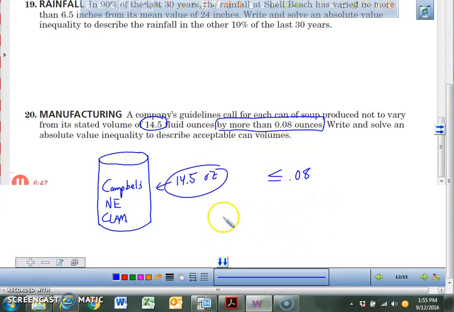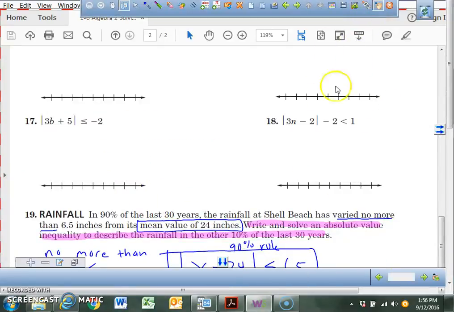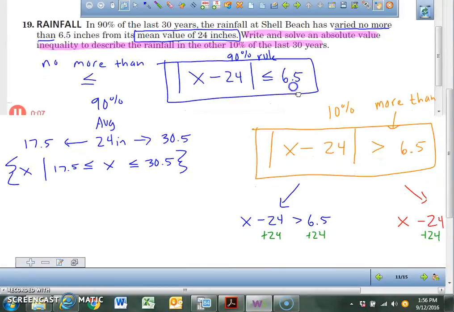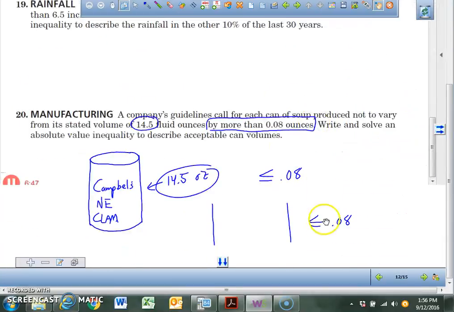So we have to write an absolute value inequality. We know it's going to be less than or equal to 0.08. So let's think about how we would write that. How do we write the other one? The other one that we wrote, remember the 90% rule? We did the absolute value of x minus 24 less than or equal to 6.5, which this particular rule is very similar, right?